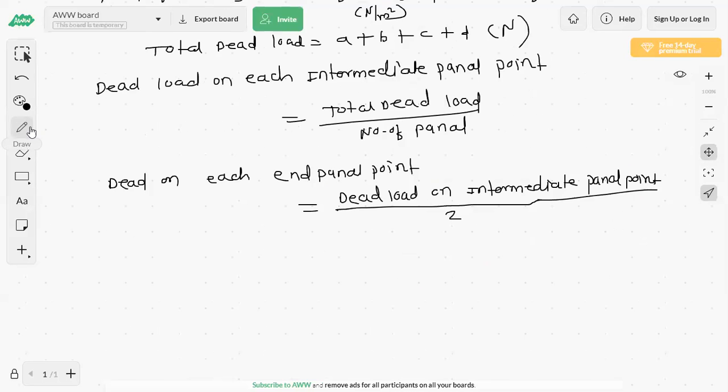So how does this dead load act? I will show you the intermediate panel point and the end panel point.